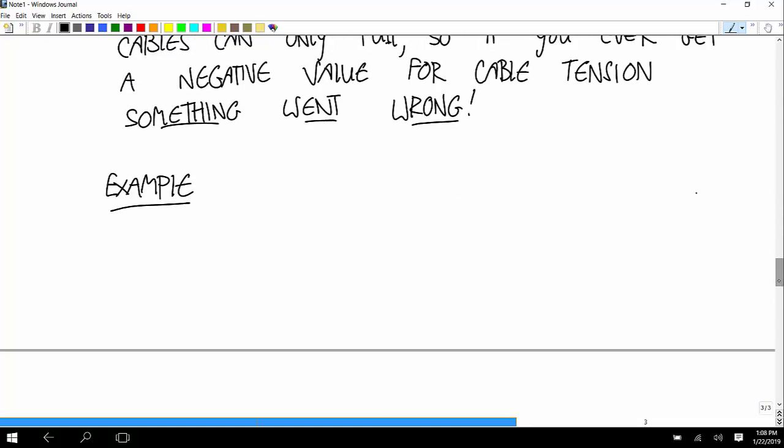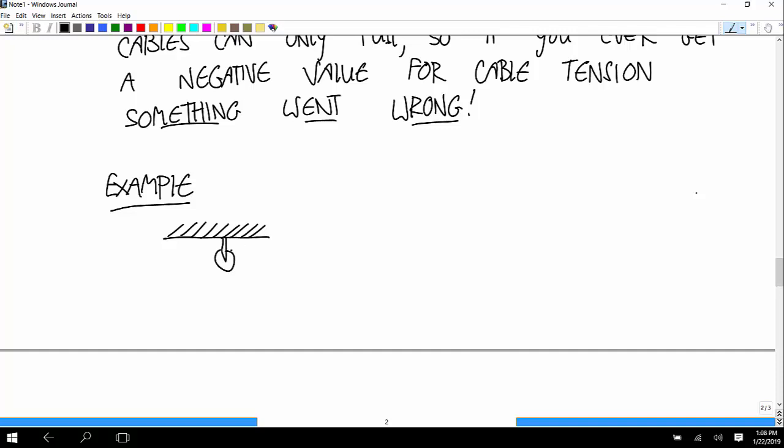So let's do a pulley advantage problem. Let's say that there's a ceiling and we have two pulleys attached to the ceiling like that.